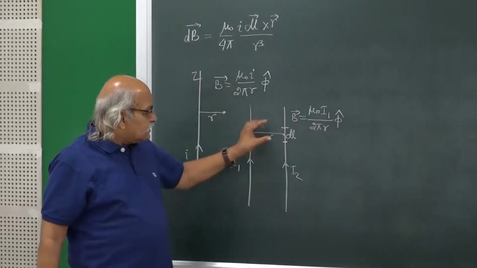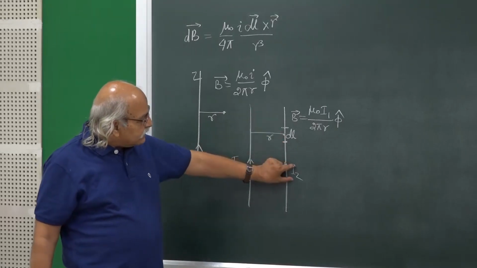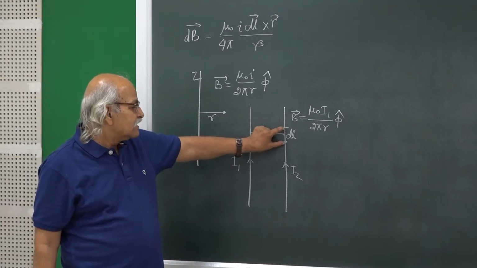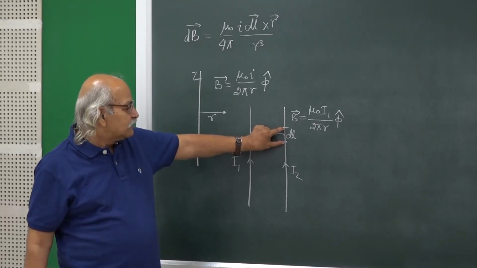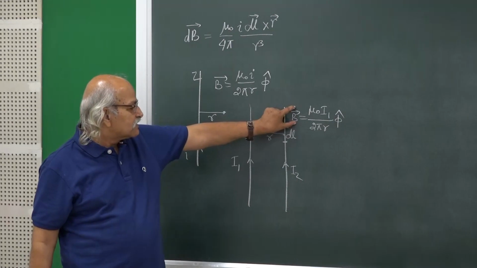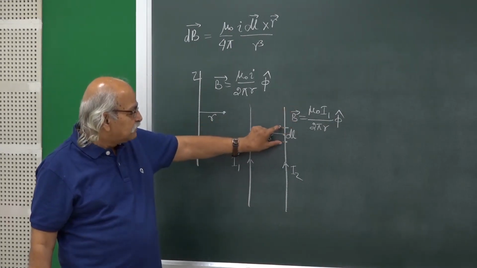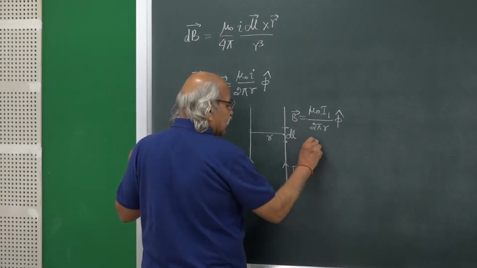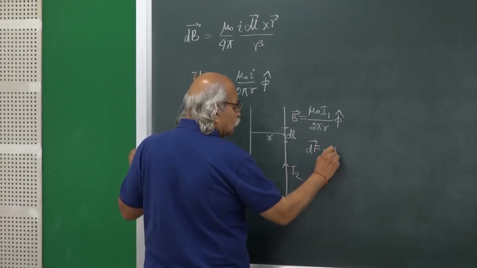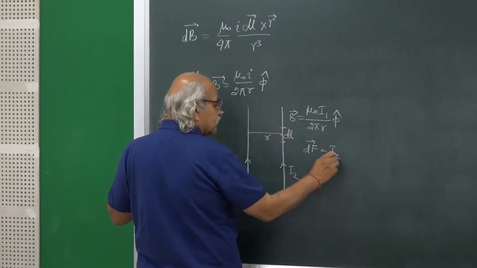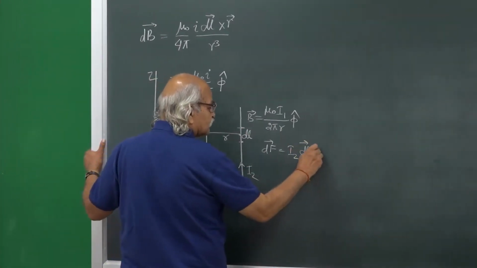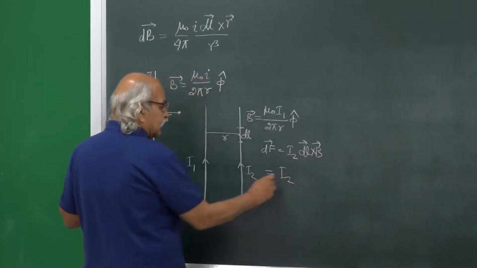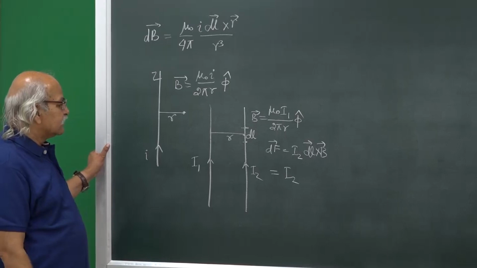So, if you consider this current element I2 dl, and ask what is the force because of this magnetic field on this piece of wire, then that force will be I2 dl vector cross B, and this dl is in the z direction.